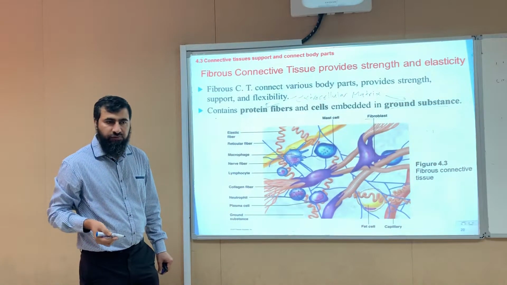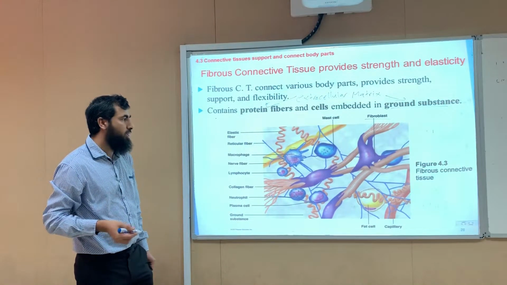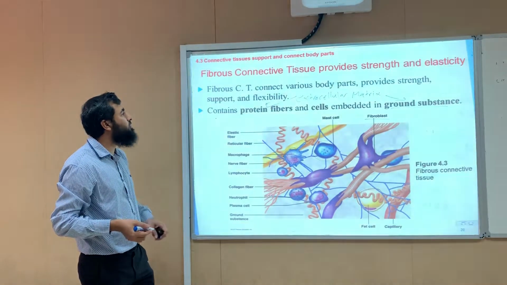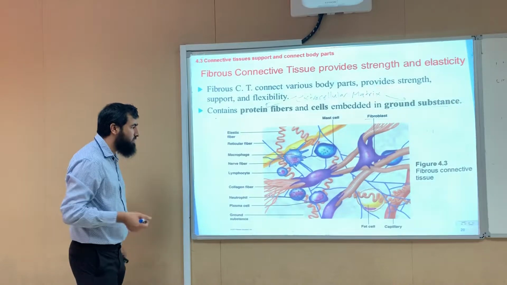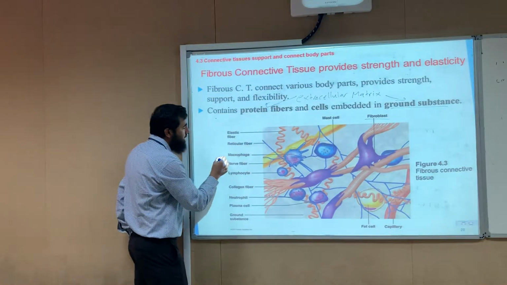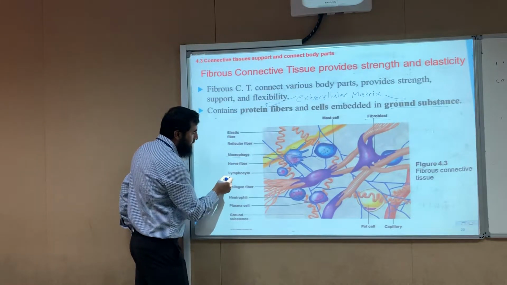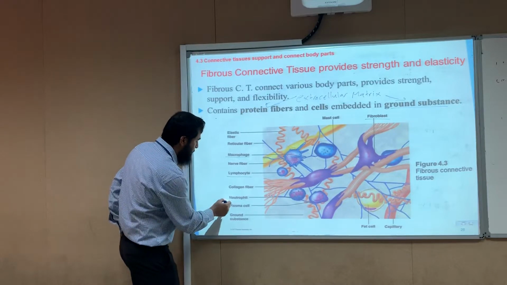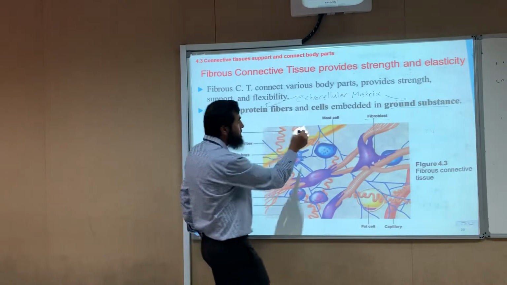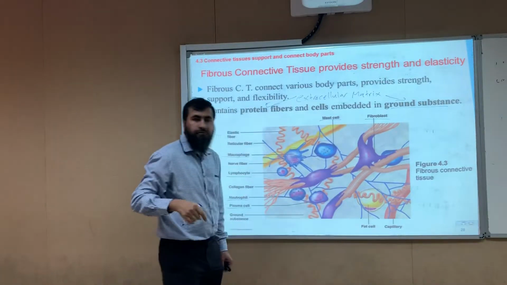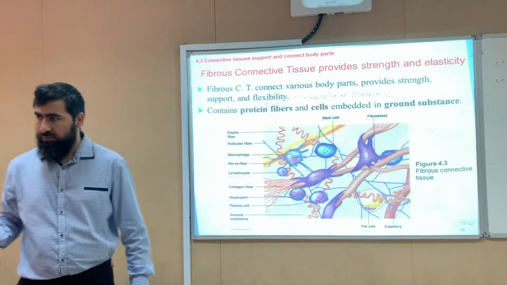So the fibroblasts are the important cells in the fibrous connective tissue. Then we find embedded other types of cells, immune cells like macrophages, lymphocytes, neutrophils, plasma cells, and mast cells, okay? These are very important in defense.